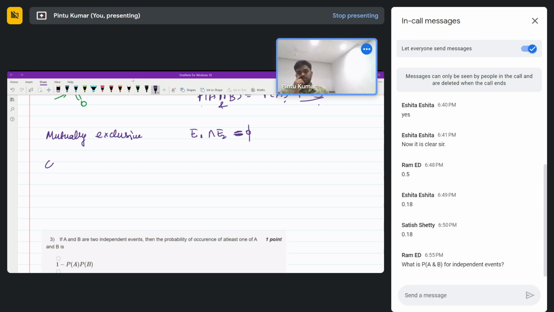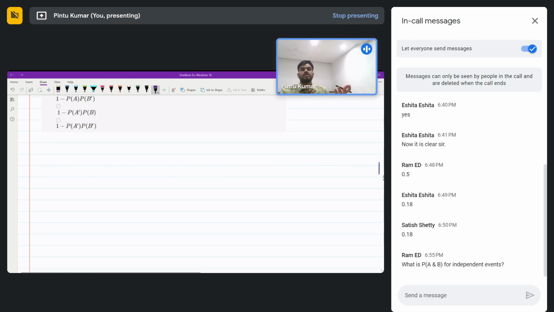So the question is, if A and B are mutually exclusive, are A and B independent? You are given that A and B are mutually exclusive, and I'm asking you if they are independent events also or not.